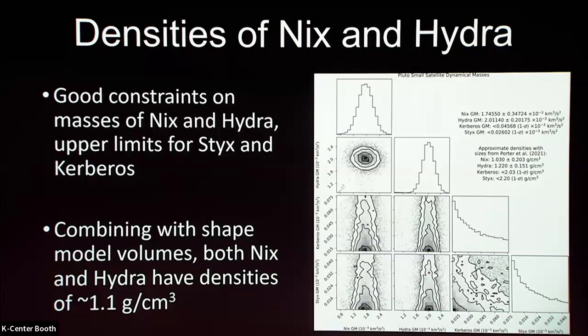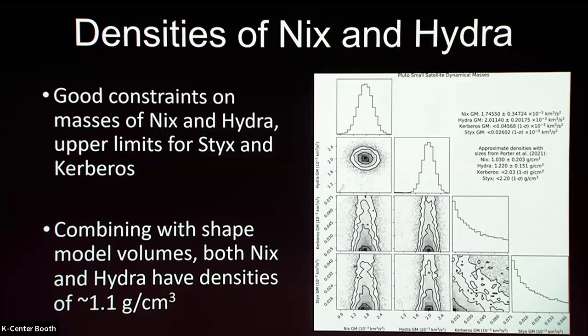So this is just a corner plot of the 4 mass constraints that we got from that survey. And as you can see, we have strong constraints for Nix and Hydra, with Hydra being slightly more massive than Nix, but them both having densities above 1 based on the volumes from earlier.